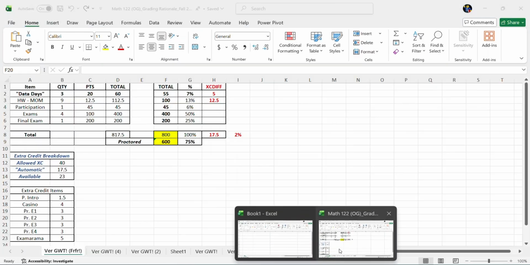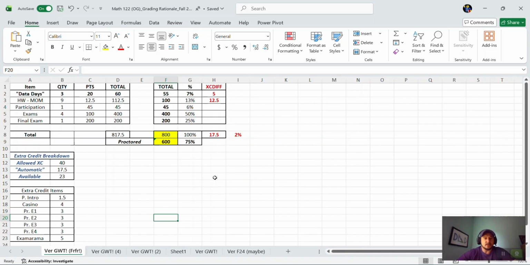So what I usually do is create an Excel file, and I'll explain what everything is here. This is basically what's going to be making up the student's course grade. Something I'm trying this semester are data days, in which we do group work investigating data for a few of the units.